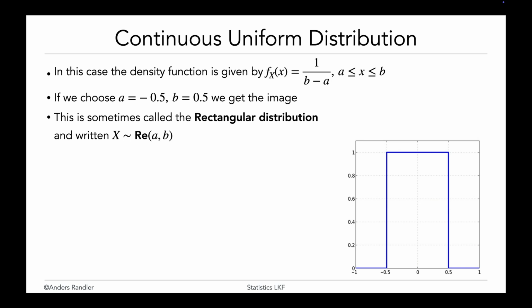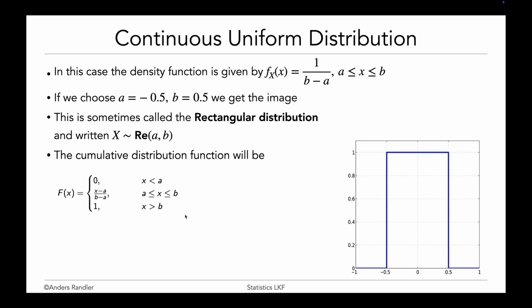This is sometimes called the rectangular distribution, and it is denoted by RE of A, B, where A and B will be the limits. The lower limit is A, the higher limit is B. And the cumulative distribution function will be this. And I mean, this isn't strange and this isn't strange.